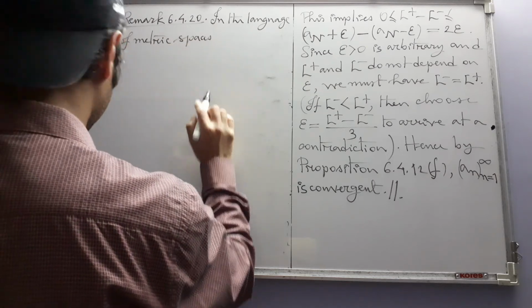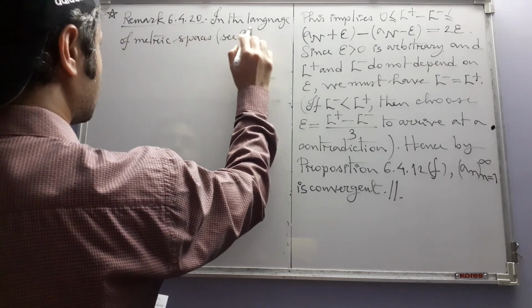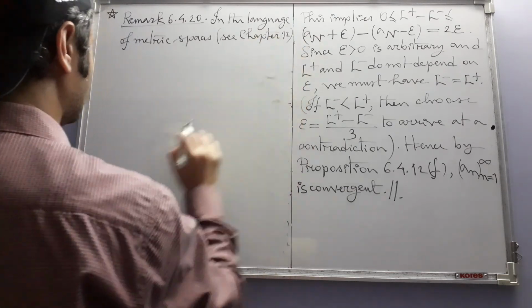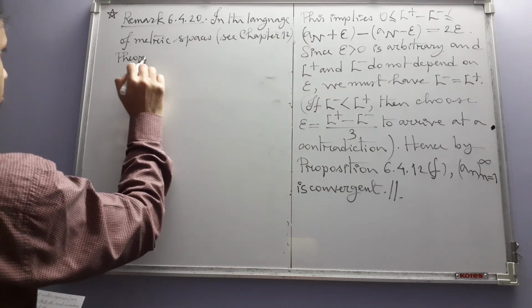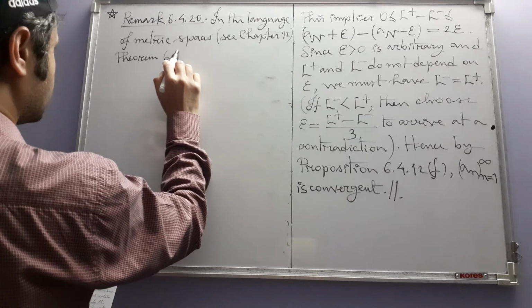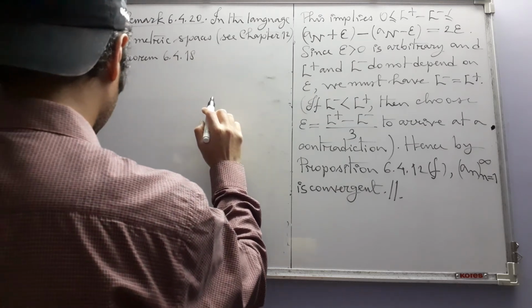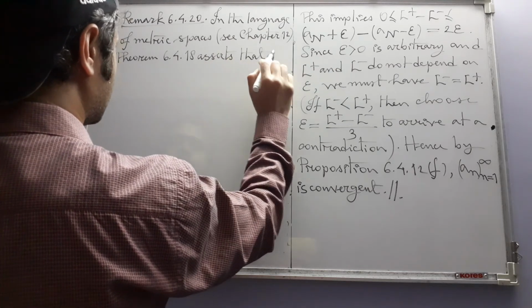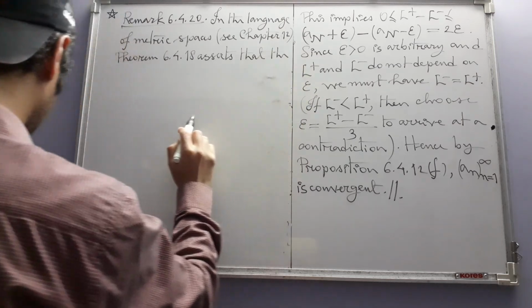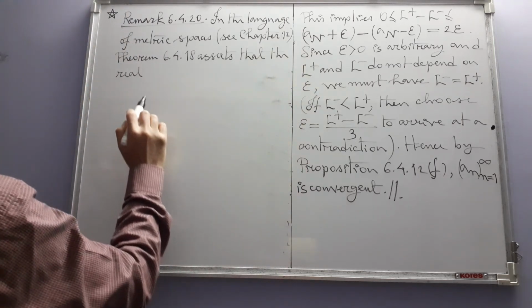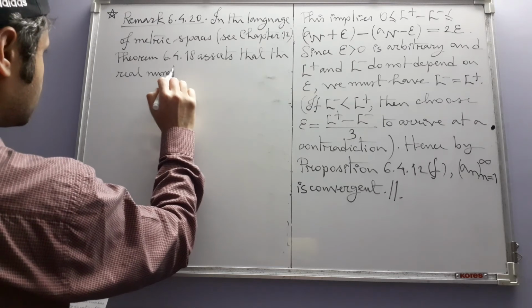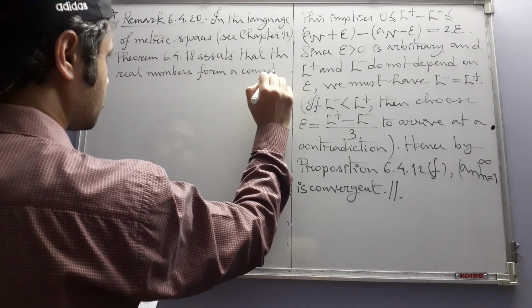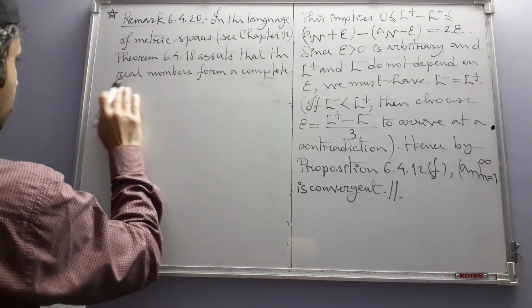In the language of metric spaces, see chapter 12, theorem 6.4.18 asserts that the real numbers form a complete metric space.